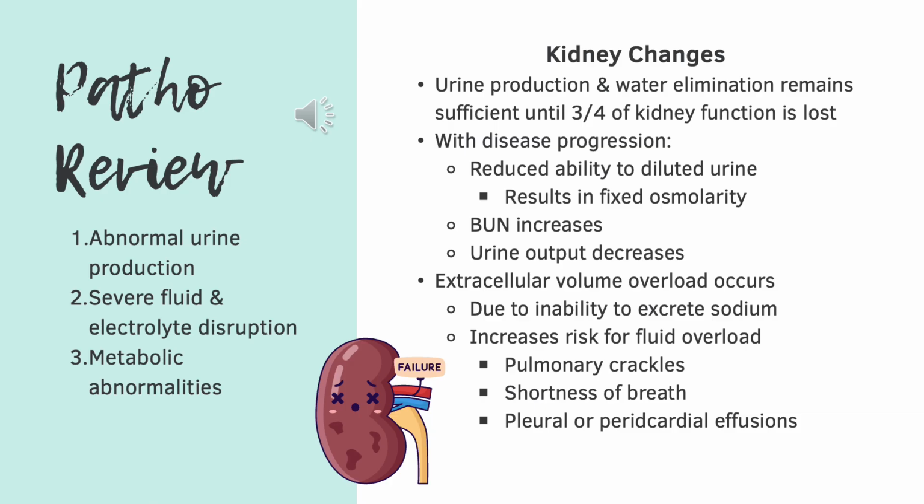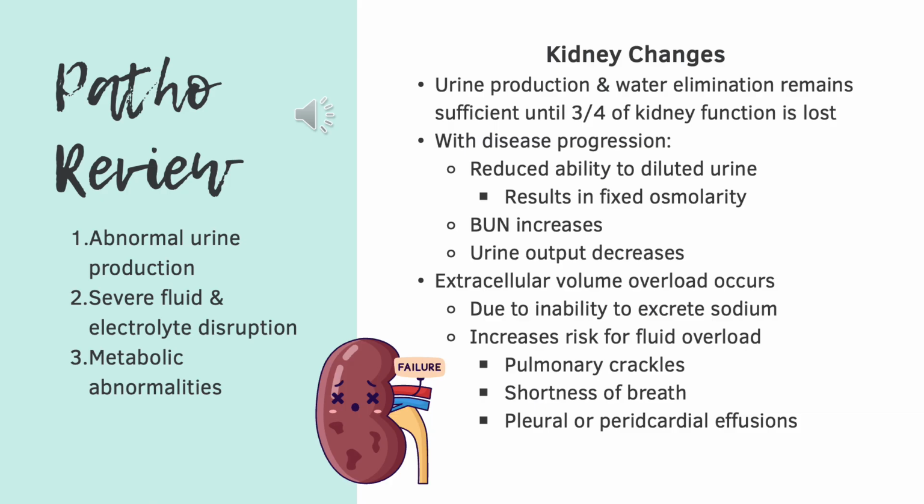So starting with the kidney. We know that chronic kidney disease is going to bring about some very significant changes in kidney function and the body's overall balance. With abnormal urine production, initially, even as nephrons are lost, healthy nephrons can compensate by enlarging and working harder. This allows the kidneys to maintain essential homeostasis until about 75% of kidney function is lost.